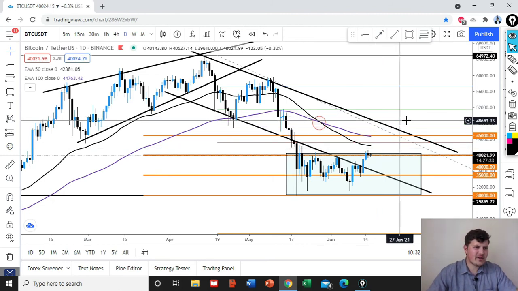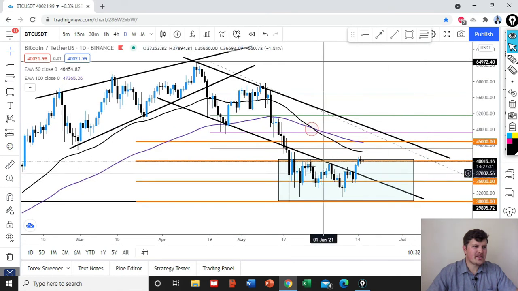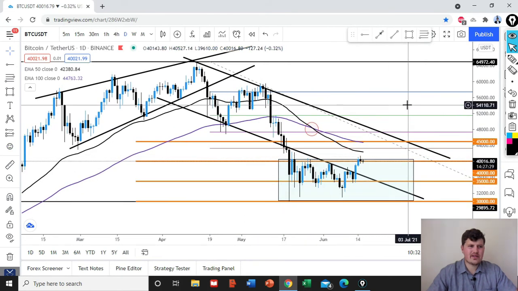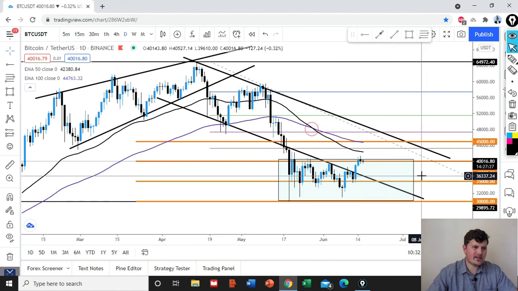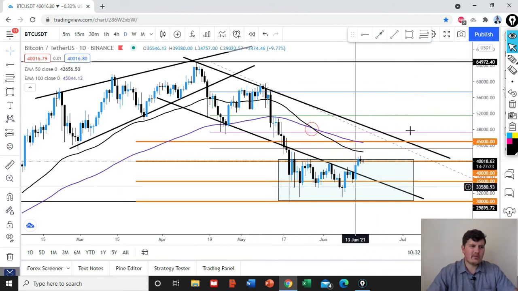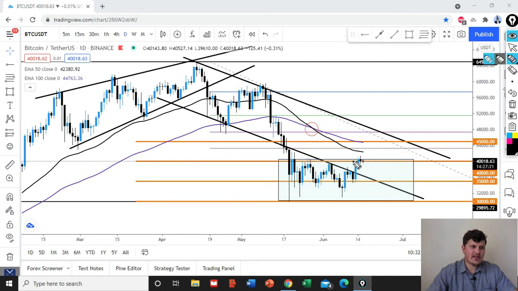So let's move on. As you can see, price is just consolidating in this box. This is an indication that we don't really know where price is going. So this isn't a good opportunity to buy, because we are just consolidating. You can buy here, and then after a few weeks price is over here, then you're going to be kicking yourself.